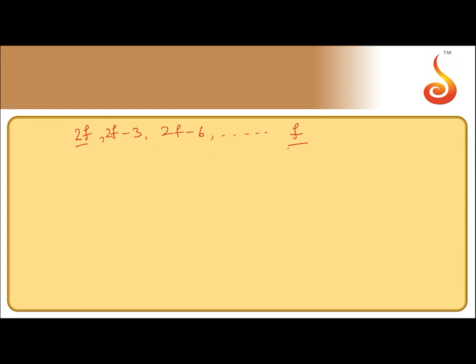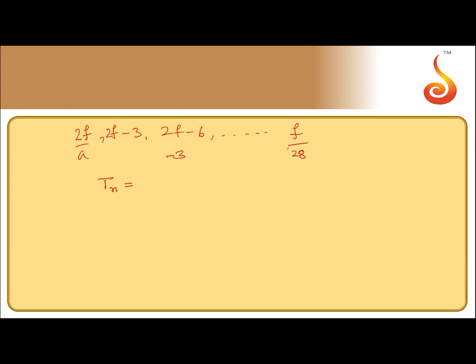These tuning forks are kept in arithmetic progression with common difference -3. So 28th tuning fork has frequency f, first tuning fork has frequency 2f.